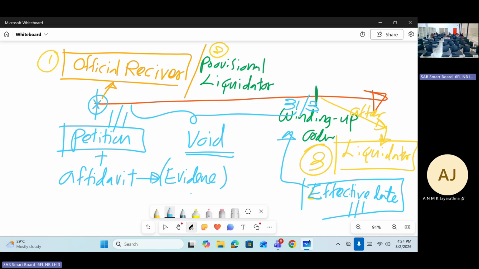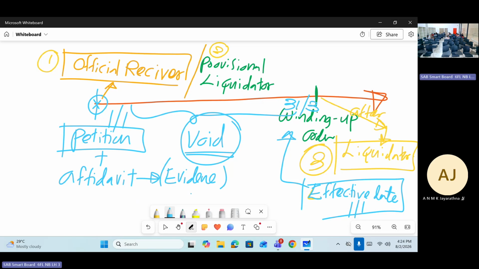How can the company continue the proceedings then? It would be unable to proceed. Therefore, the effective date of the winding up order is treated as the date of filing of the petition, from the beginning, and until the winding up order, all the transactions during this period are treated as void.